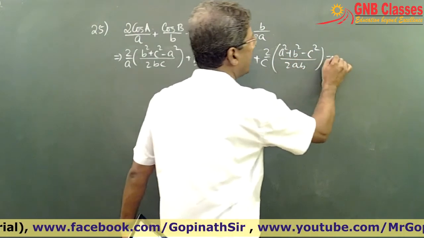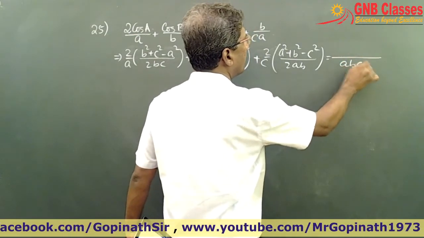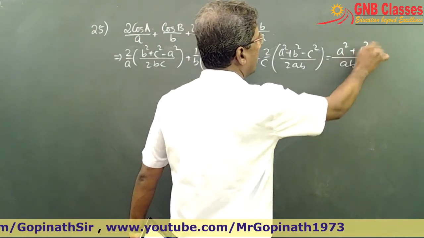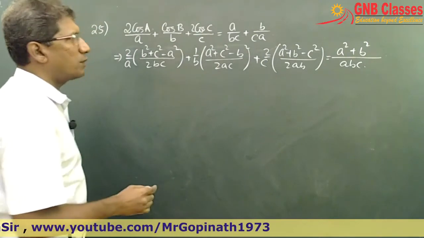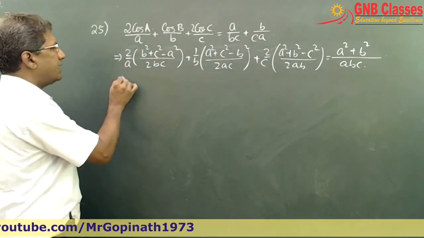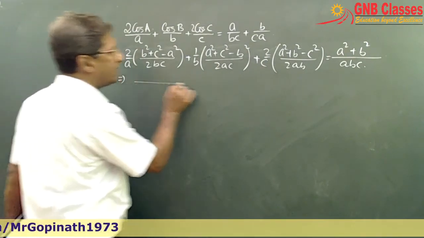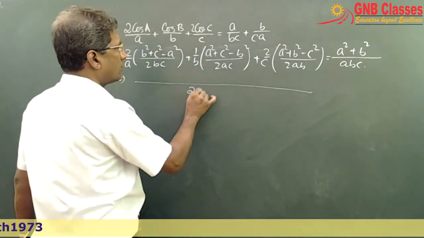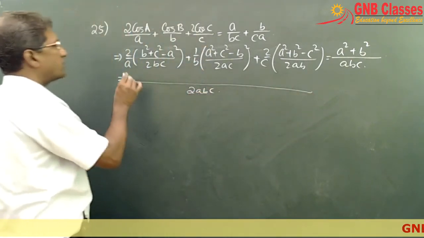In the right hand side, we are taking the LCM as ABC. So we are getting A square plus B square divided by ABC. In the left hand side also, we are taking the LCM as ABC. So what we are going to get here?